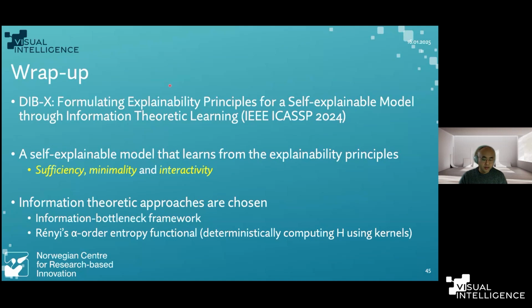So together with my colleagues, we published our paper, DIB-X: Formulating Explainability Principles for a Self-Explainable Model through Information Theoretic Learning. What we propose there is a self-explainable model that learns from the explainability principles: sufficiency, minimality, and interactivity. Information theoretic approaches are chosen, for example, the information bottleneck framework and also Rényi's alpha entropy functional.